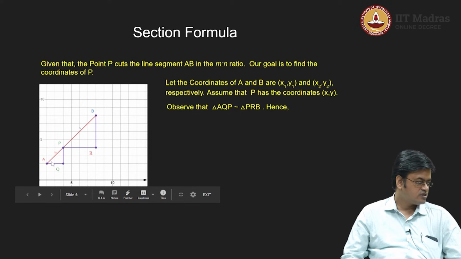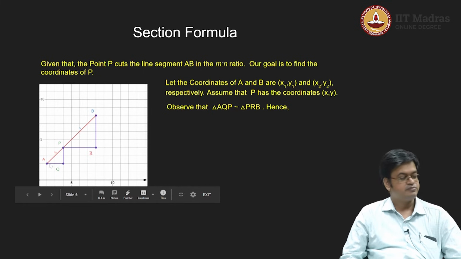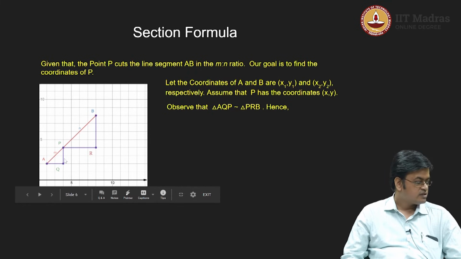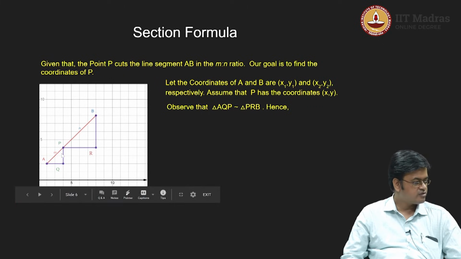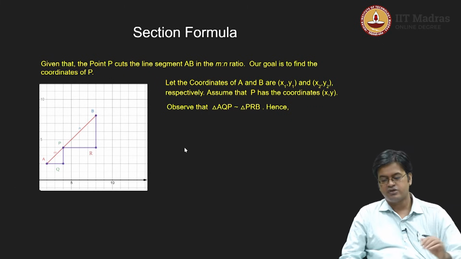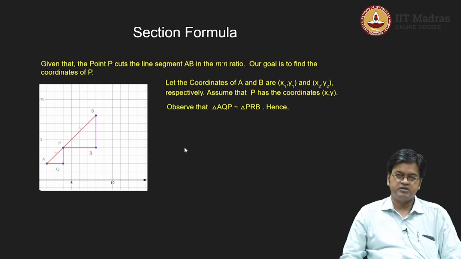Therefore, these 2 angles, angle A and angle P, will be equal. Next, these 2 are right angles. Then we know the sum of the angles in a triangle is 180 degrees. Therefore, this angle B must be equal to angle P. Therefore, triangle AQP must be similar to triangle PRB by the angle test.